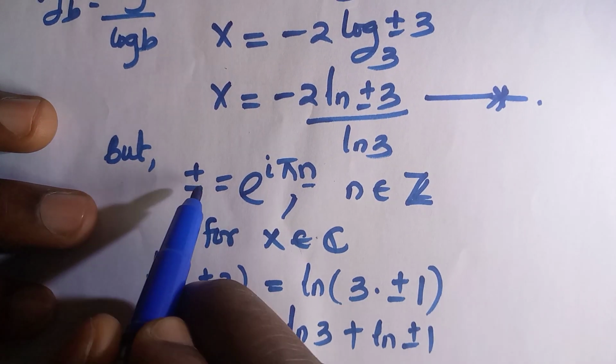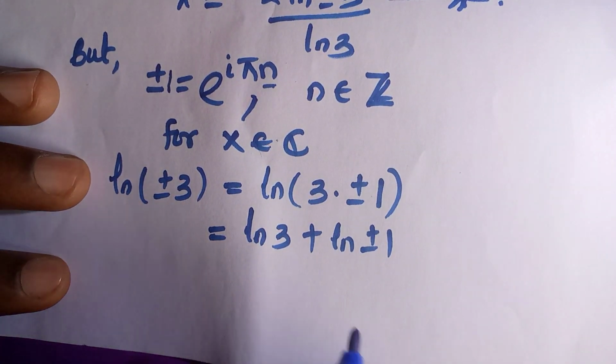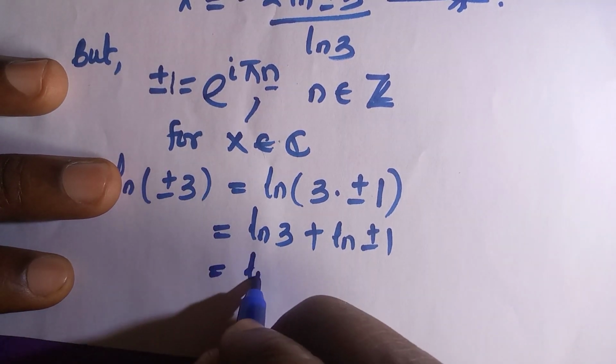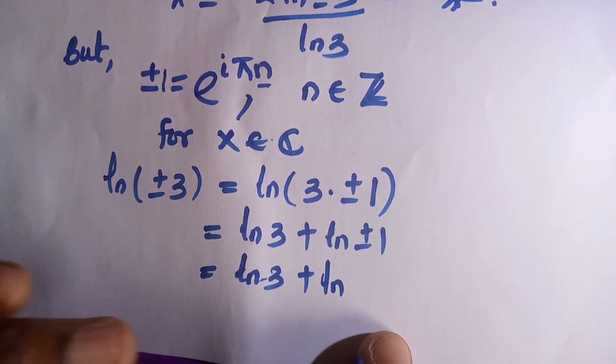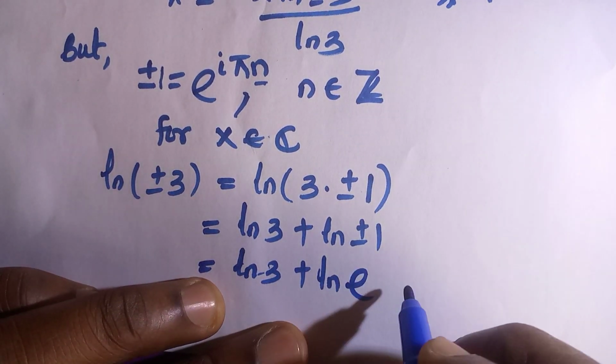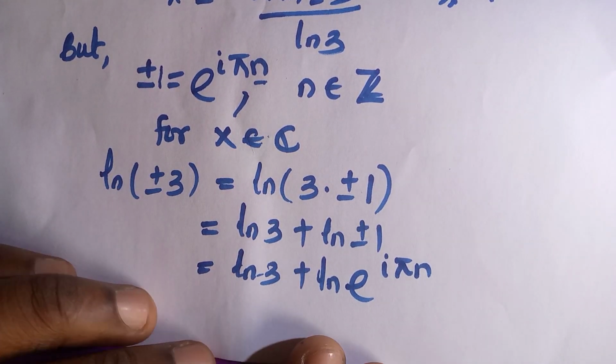So we are going to do the replacement. Since this is plus or minus 1, it's not necessary to write it there. So we have this as ln 3 plus, here ln of plus or minus 1 is replaced as exponential i pi n.